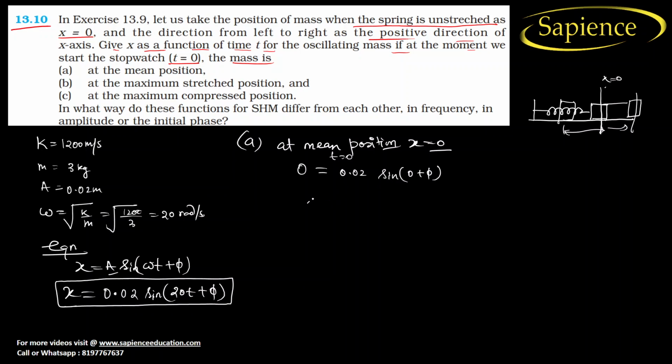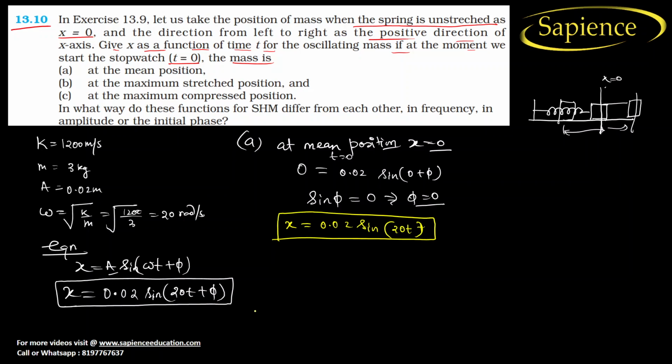So from here, sine phi is equal to 0, which means that phi is equal to 0. Now put the actual formula. If we put each and every value, x is equal to 0.02 sine 20t plus phi. This is what we have got for the case of A.